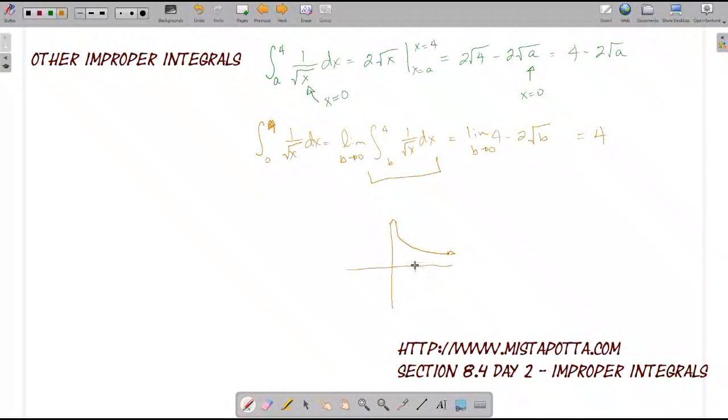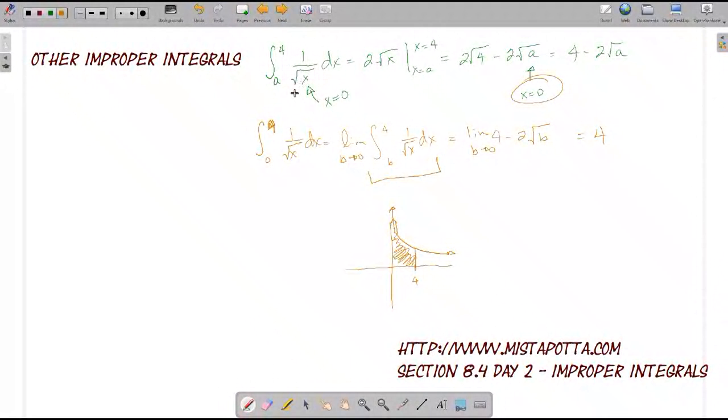And so what I'm saying is that if I want to find the area from 4 to 0, and of course this is unbounded, I'm still going to have that situation where I can find the antiderivative, and I can actually substitute in the antiderivative because x equals 0 is in the domain of my antiderivative function, even though it may not be in the domain of my function that I'm trying to integrate.